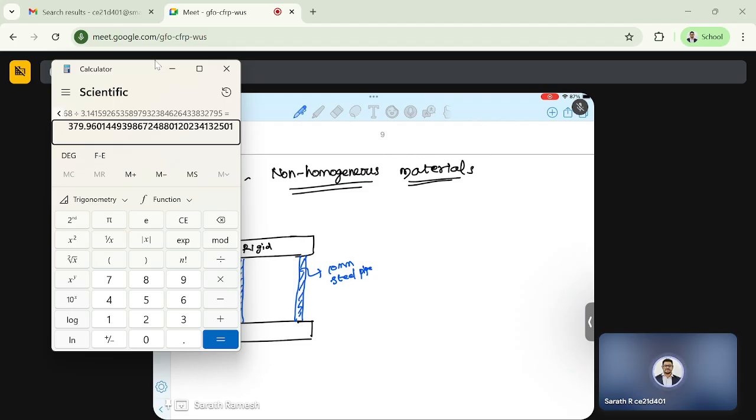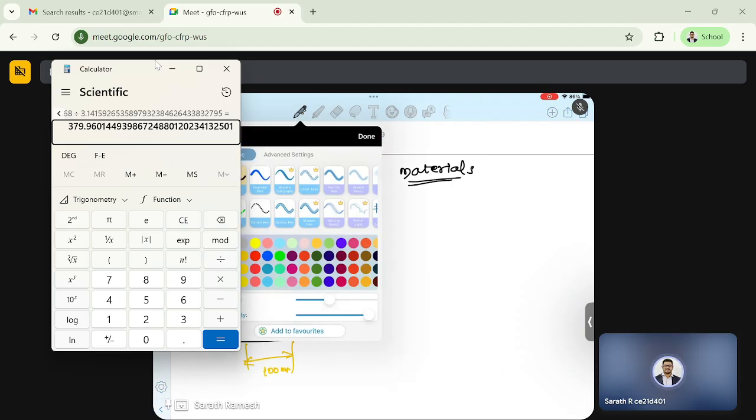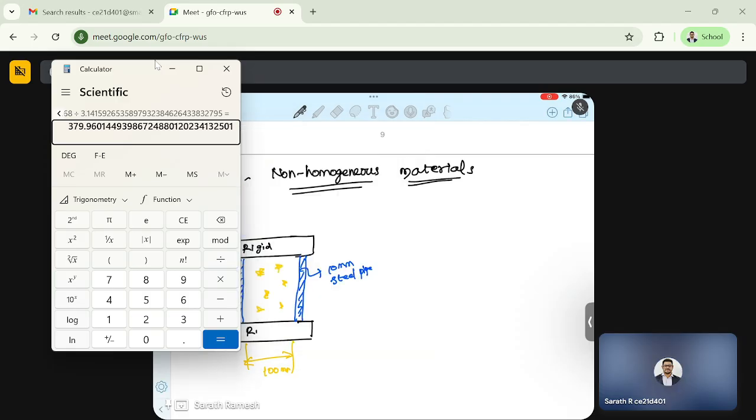This material is steel, and inside we have concrete. The total diameter is 100 mm. This is also cylindrical in shape, and the bottom plate is also rigid and fixed. It cannot move.